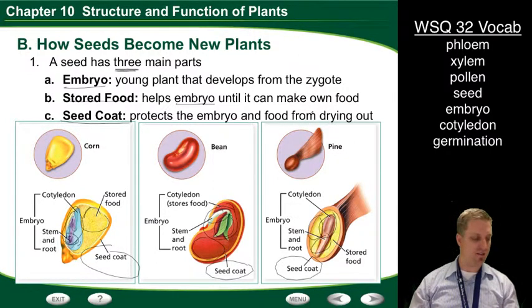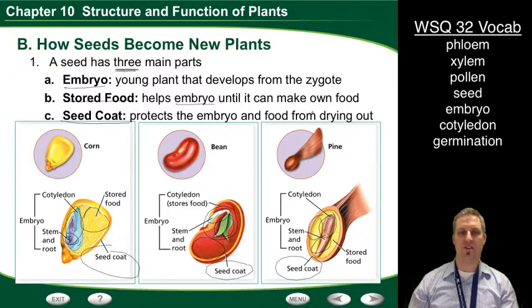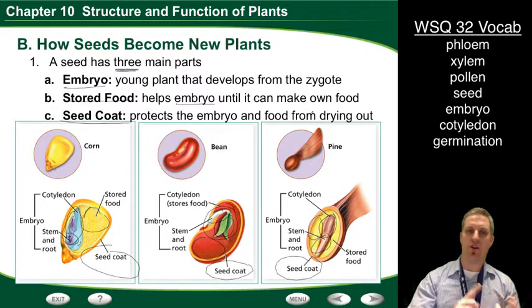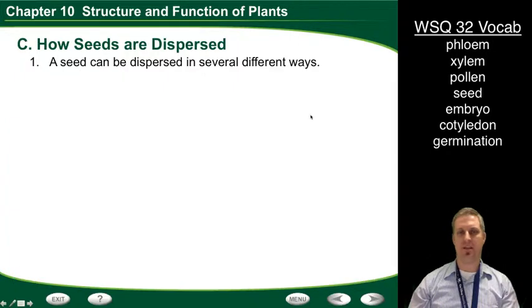Seeds don't actually get activated until they're moistened. Once they're moistened, it's like it wakes up the seed. It actually starts to soften the seed coat, and the plant literally comes alive, and the embryo begins growing. And so the embryo, the stored food, the seed coat: the three parts that make up the seed.